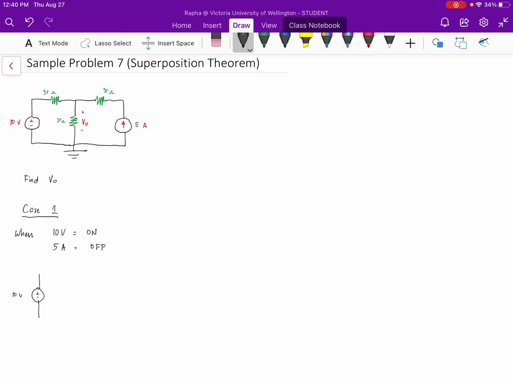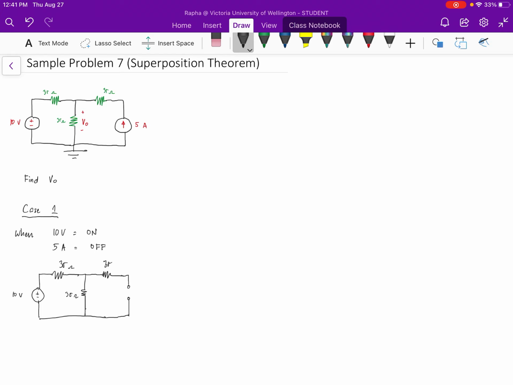We have 10 volts. Then drawing the rest of the circuit elements, you have 35 ohms, 35 ohms, and then this 35 ohm resistor. Now, since we chose to turn off the current source, we will draw an open circuit on that current source.